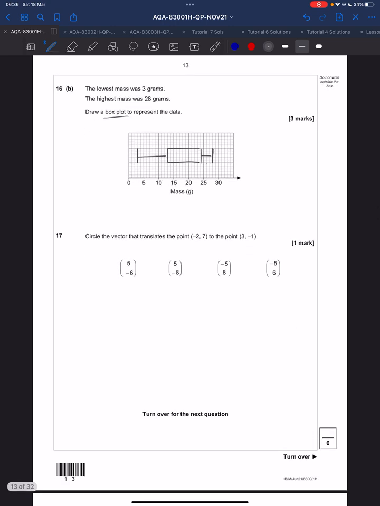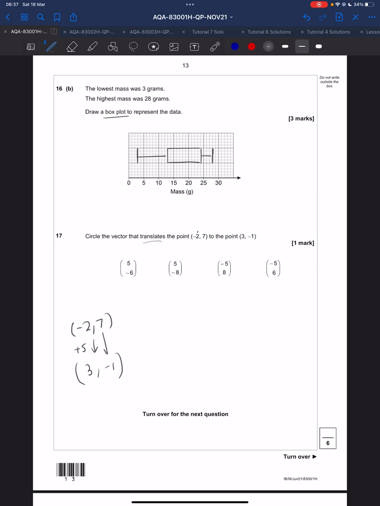Okay, next one. Circle the vector that translates the point -2, 7 to 3, -1. So we've got -2, 7, and it moves on to 3, -1. The first coordinate goes from -2 to 3, so that's +5.